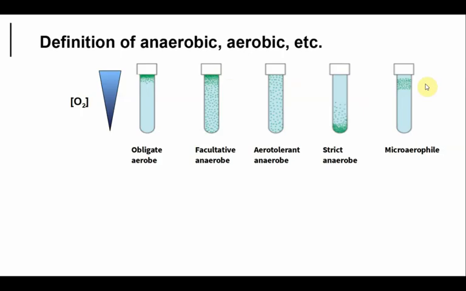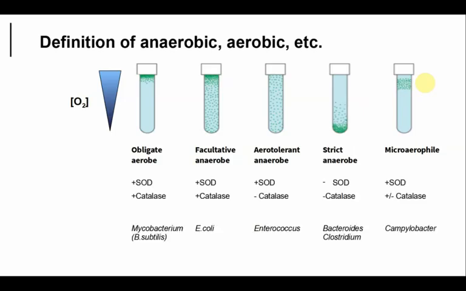They can't grow without oxygen, but too much oxygen is toxic for them. Some examples are given here. E. coli is a typical facultative anaerobe. Bacteroides and Clostridium are strict anaerobes. Campylobacter is microaerophilic, and Enterococcus is an aerotolerant anaerobe.